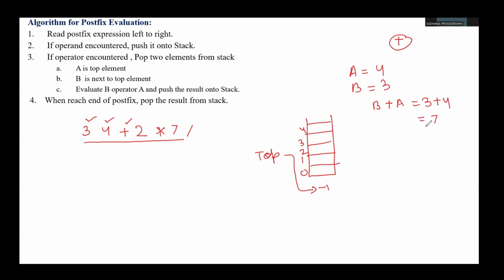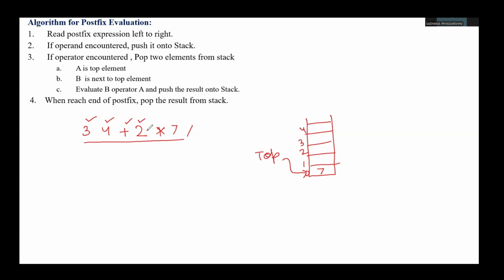Now we push the result onto the stack. Once we push the value, top points to this value, that is index 0.